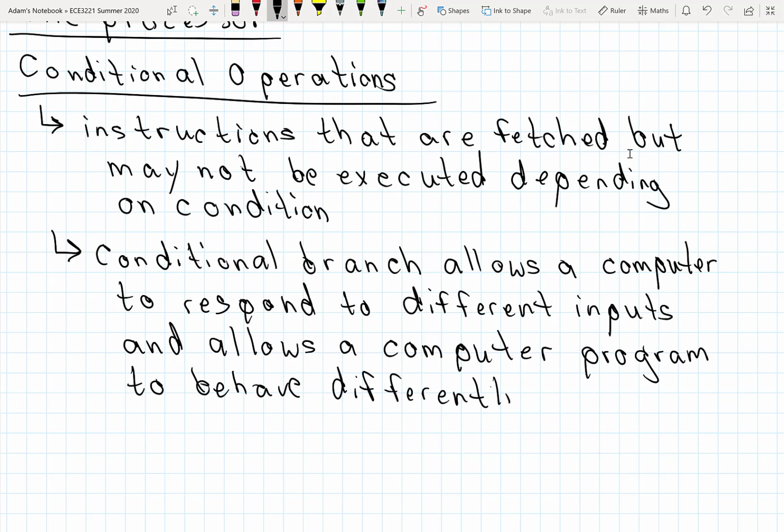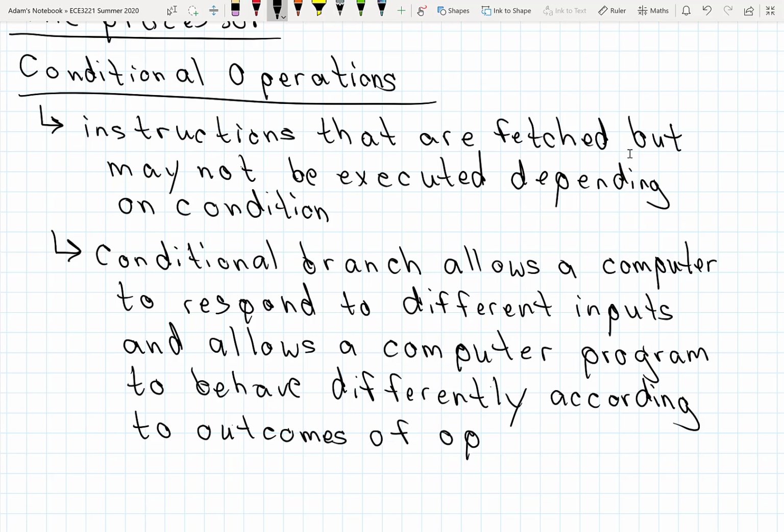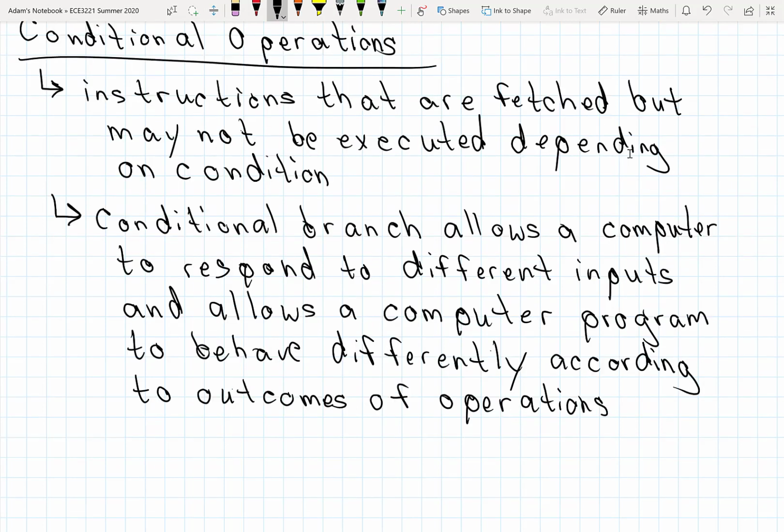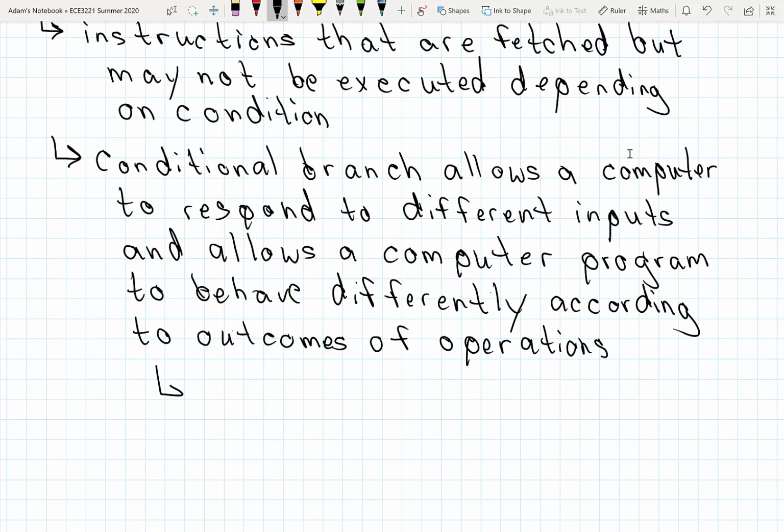I don't think this is a particularly new idea for anybody, but I think it's interesting to just stop and think about the capability that conditional operations add to the function of a computer, which without these operations would be quite boring, right?